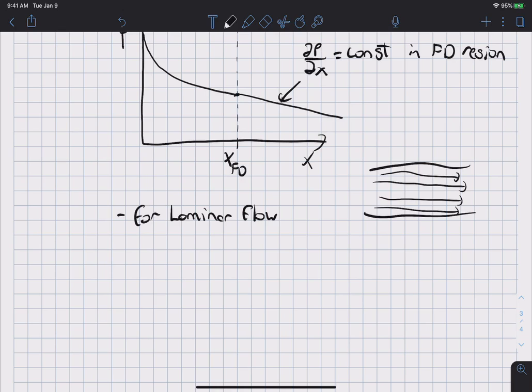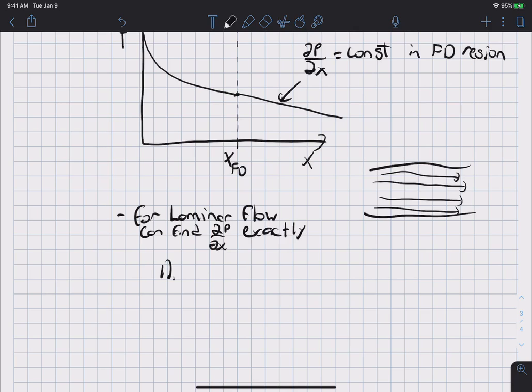Okay, and for laminar flow, you can find the pressure gradient exactly. And you can do that in one of two ways.